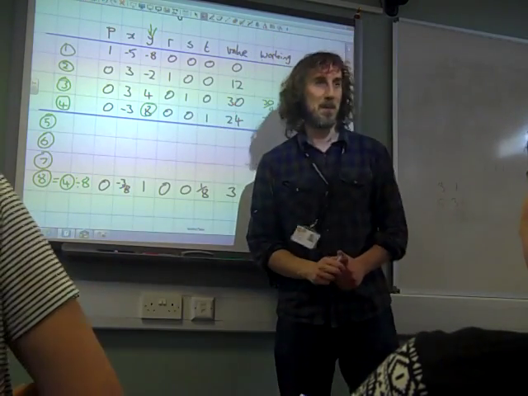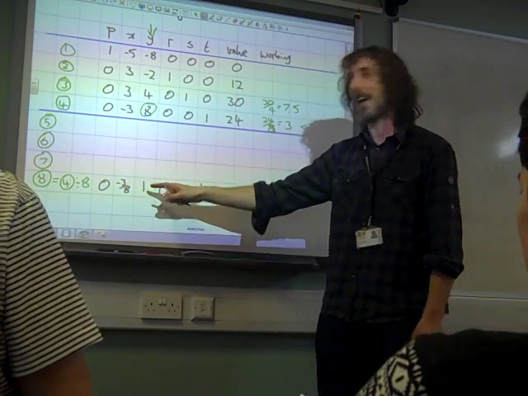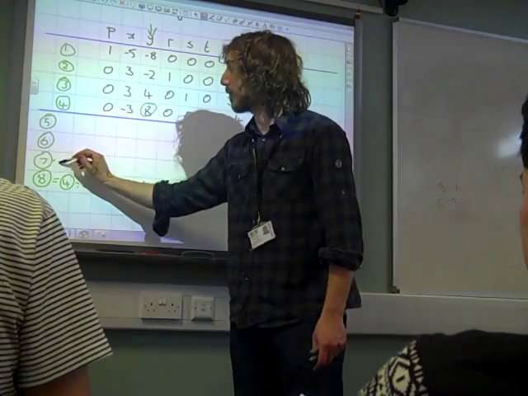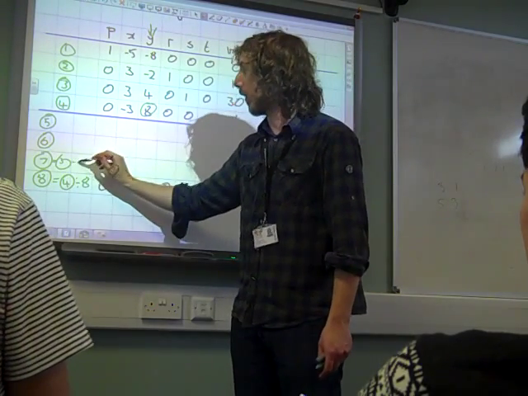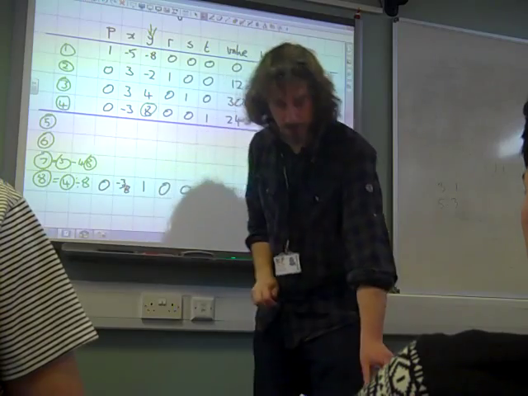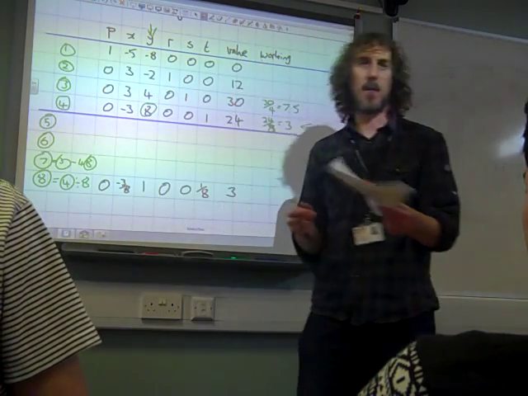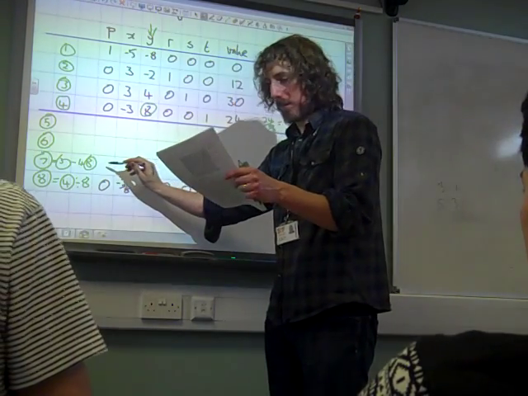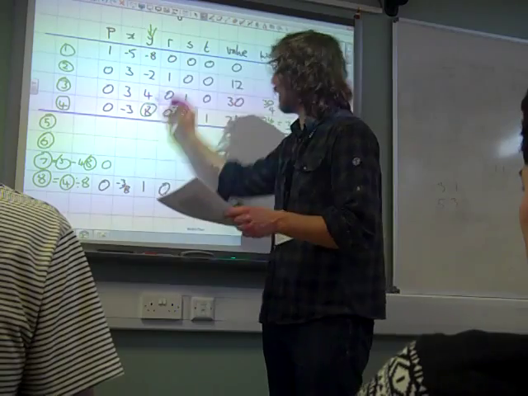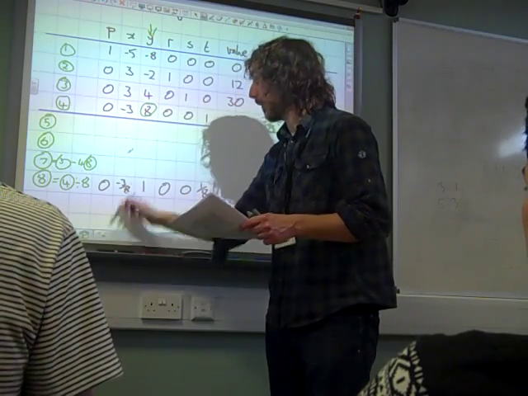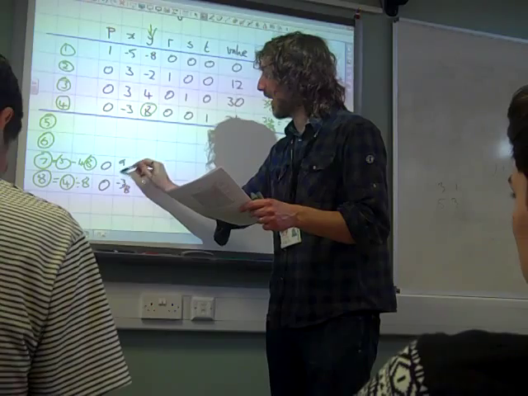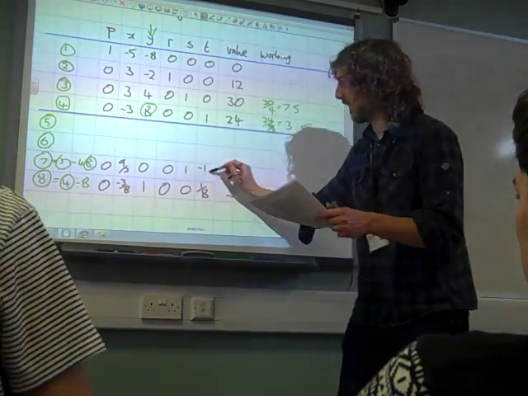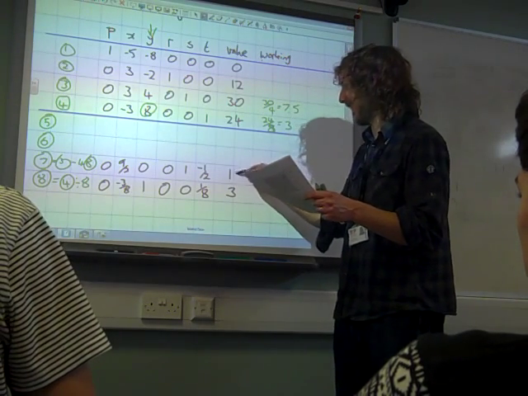Right, so we've set up that. We've got the one that we wanted down there. Now we've got to sort out the other rows. Row 7 comes from row 3, and we're going to take away 4 lots of row 8. I had to use a calculator. 0, 9 over 2, 0, 1, minus a half, and 18.